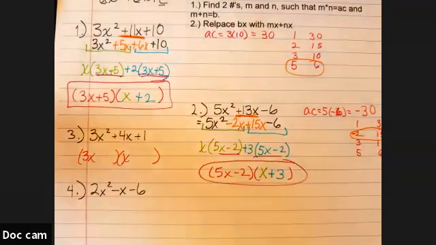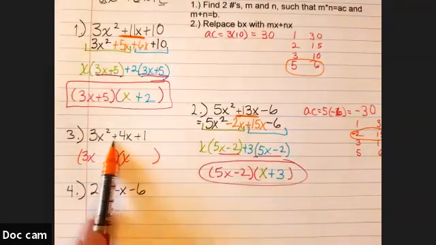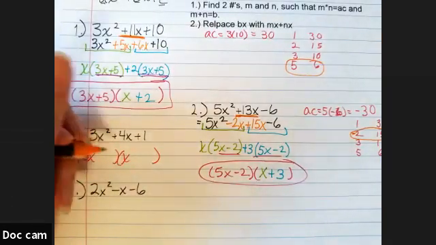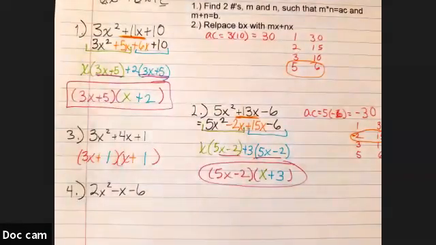Okay, and then in order to have 2 numbers that multiply to a positive and add up to a positive, you're going to have 2 positives. And then there's only one option for what can multiply to 1. It's 1 and 1. Okay.